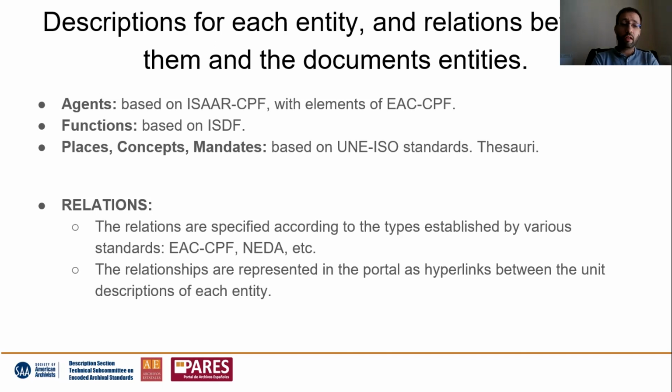And for making our relations, the relations are specific according to the type established by various standards: EAC-CPF, our national standards of archival description, the NEDA, etc. And the relationships are represented in the portal as hyperlinks between the unit description and the records of each entity.